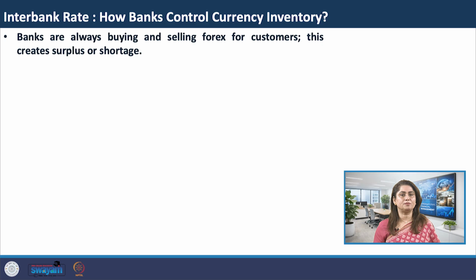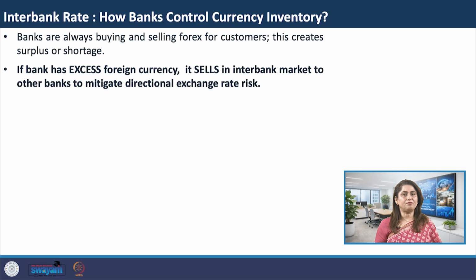This is the problem that the interbank market exists to solve. If a bank finds itself with excess foreign currency, more dollars than it needed, it goes to the interbank market and sells those surplus dollars to other banks. It does not want to hold too much foreign currency because that creates directional exchange rate risk.